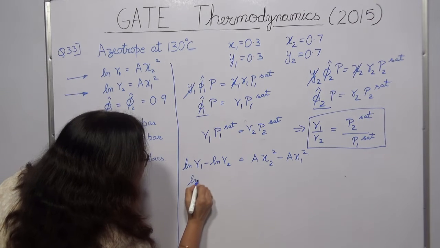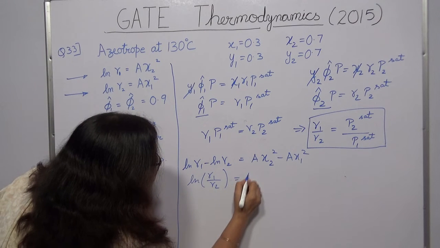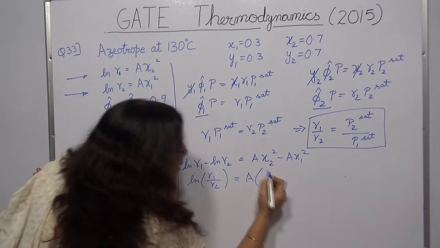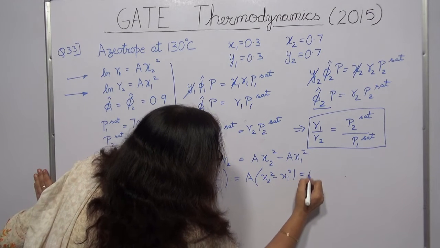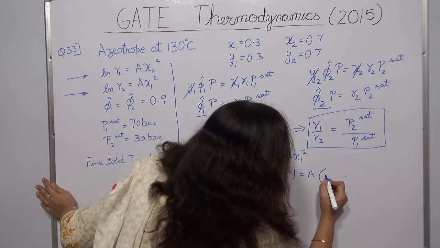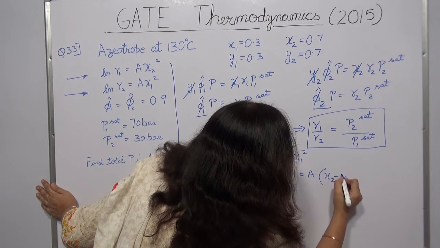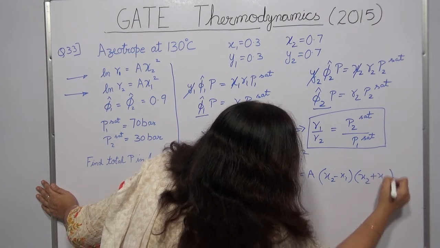I can write this equally well as ln of gamma 1 by gamma 2 is equal to a times, a is common, x2 square minus x1 square, which is like a square minus b square, so that is x2 minus x1 into x2 plus x1.